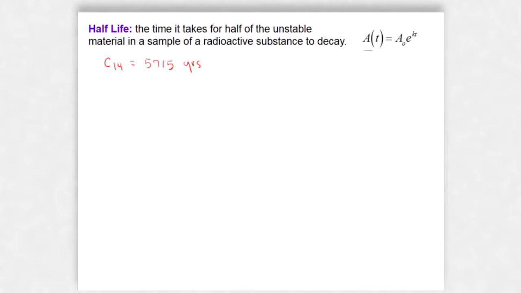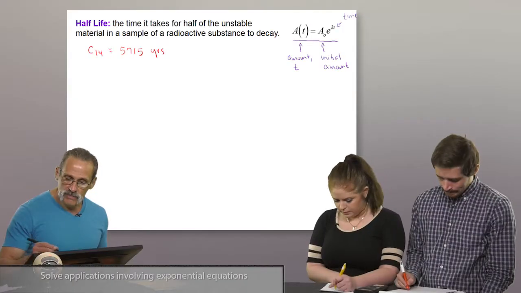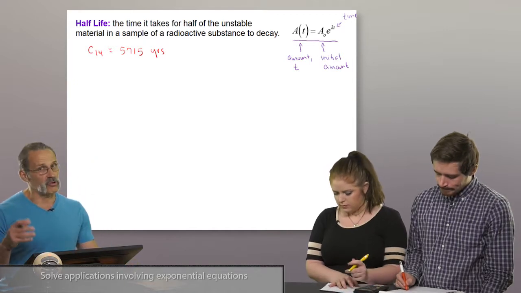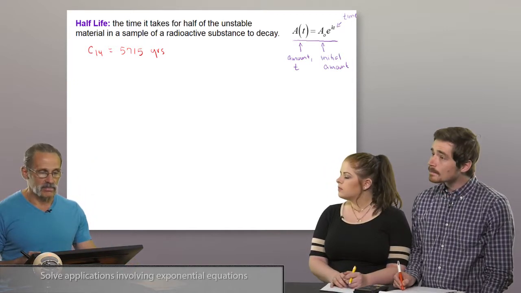A of t is the amount after time t, equal to A sub 0, which is my initial amount, times e to the kt. T, as you would guess, is time, and k is your exponential growth constant.